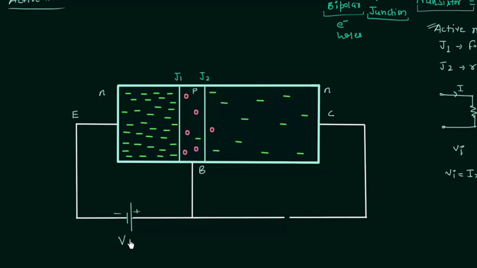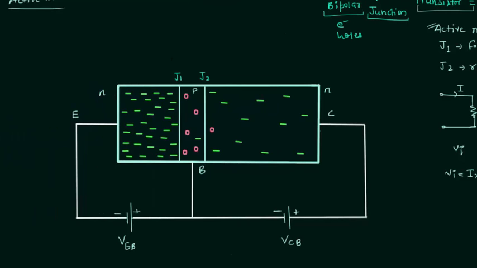Let's say this forward biasing potential is VEB, and we have to reverse bias junction J2. So N is connected to the positive terminal and P is connected to the negative terminal. The collector is connected to the positive terminal, the base is connected to the negative terminal, and let's say this reverse biasing potential is VCB. Now we have junction J1 forward biased and junction J2 reverse biased.